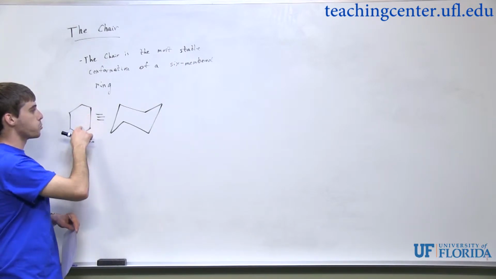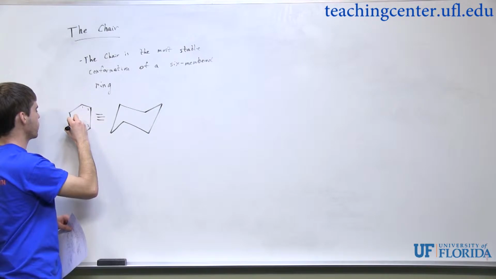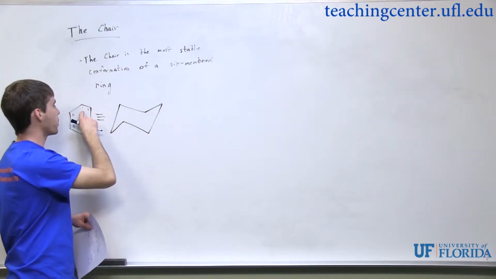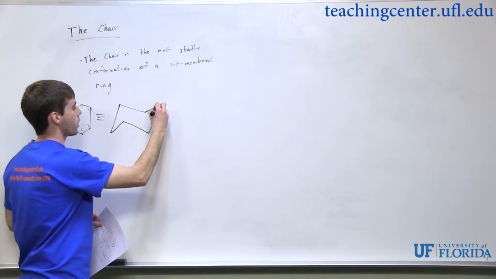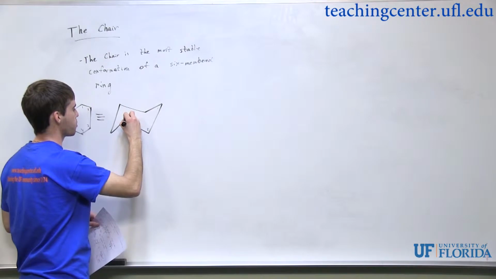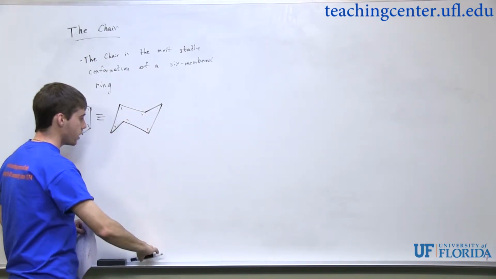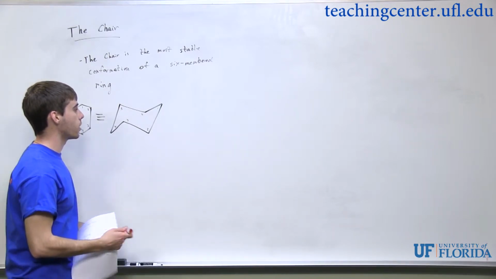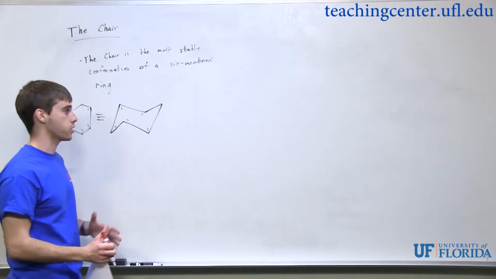At each one of these positions, which I'll number 1 through 6, remember there are just going to be 2 hydrogens. I'll number here so we can see it corresponds. So we'll draw in the hydrogens. Now when you have the chair, there's two different positions. You have equatorial and axial.